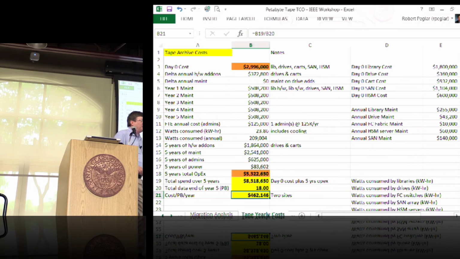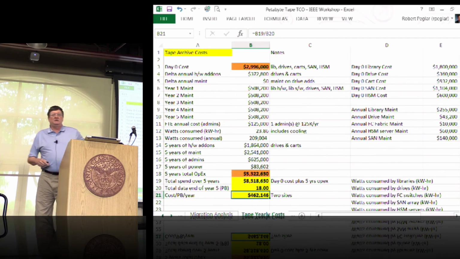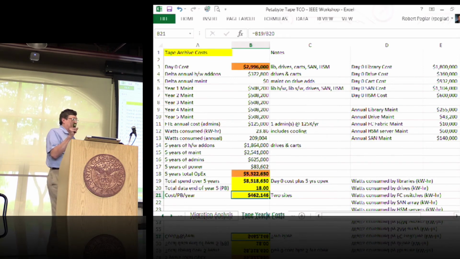And then for the pièce de résistance, as they say, there's actually math, arithmetic involved. So this is what it costs this customer to maintain their archive on a dollar per petabyte per year basis. This is both CapEx and OpEx. And depending on what customers you talk to, CapEx is really important, and for other customers, OpEx is really important. Because if you're a hyperscaler, OpEx is everything.